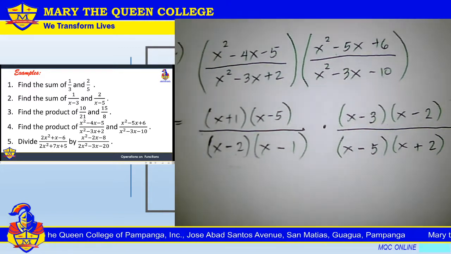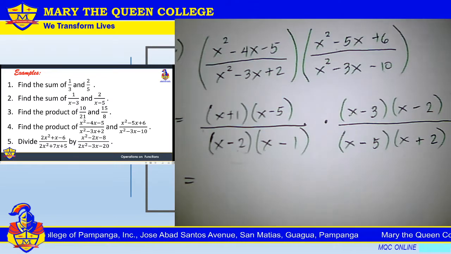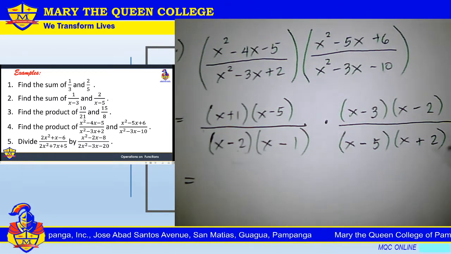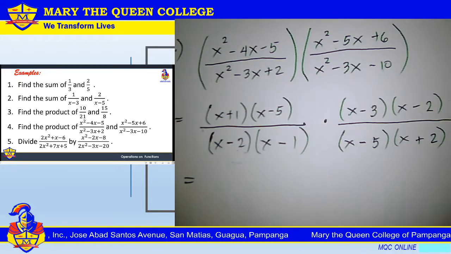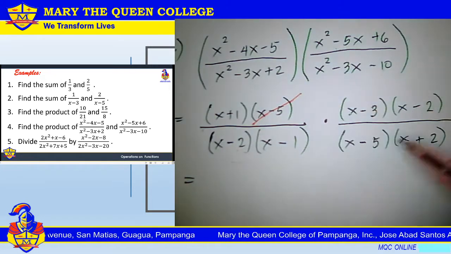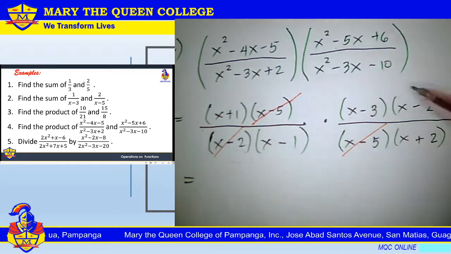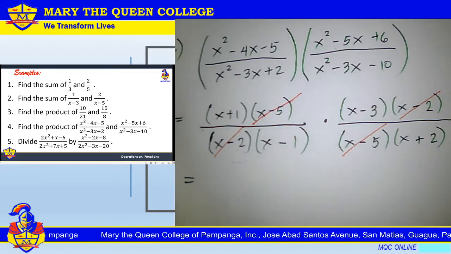Okay. So, from here, we can now simplify just like what we did dito. Kung meron tayong mga same factors po from numerator and denominator, we can cancel them. So, looking at our given or yung ating simplest form po. So, from here, meron tayong x minus 5 doon at saka x minus 5 dito. So, cancelled na po yun. Then, next, meron tayong x minus 2 dito at saka x minus 2 doon.